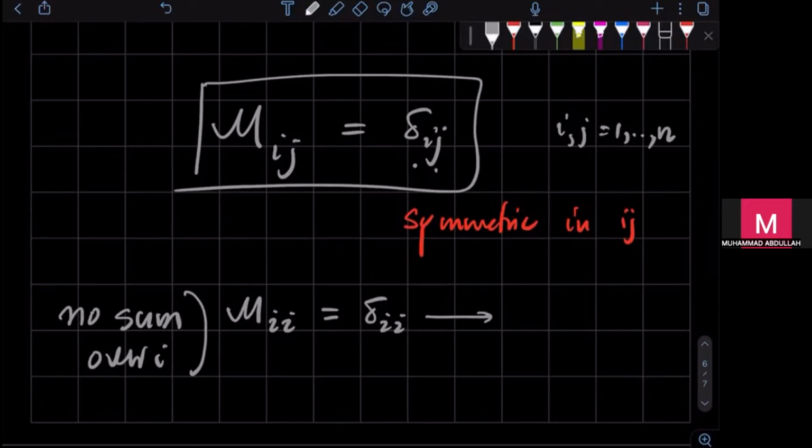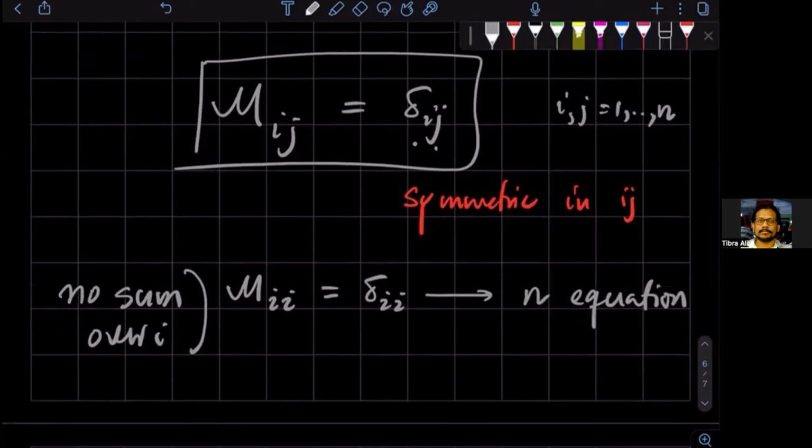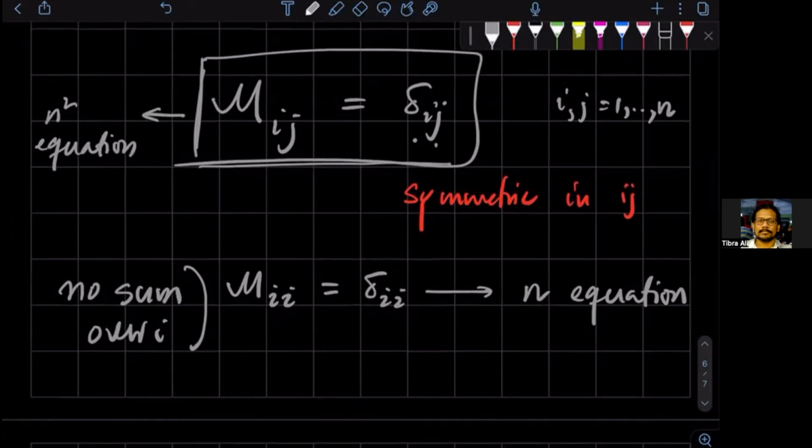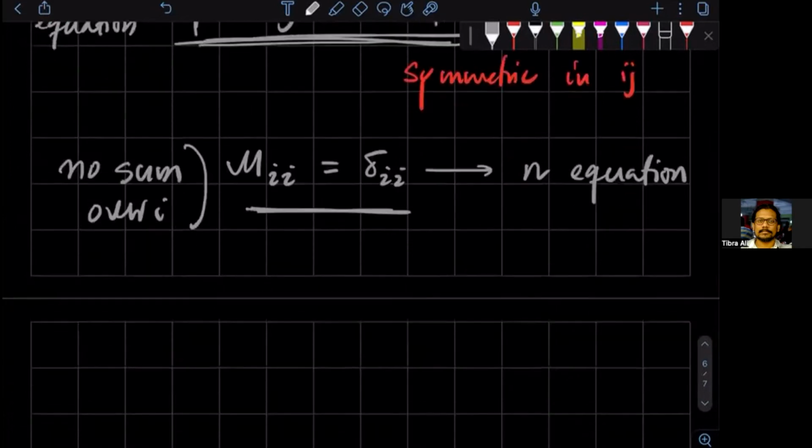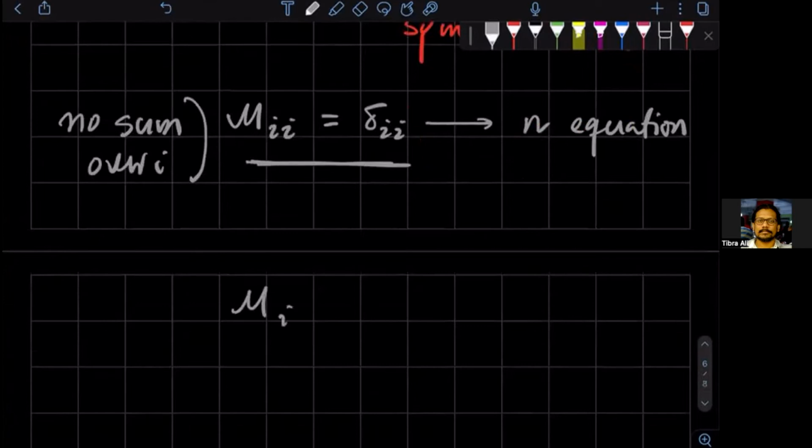Is it n? Right, so there are n equations of this form, and the original form has n squared equations. Not counting for independence, just in general, it is n squared equations. So these are the diagonal equations when i equals j. Now, when i is not equal to j, say i is greater than j, how many equations are there?